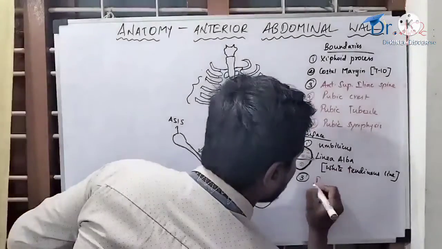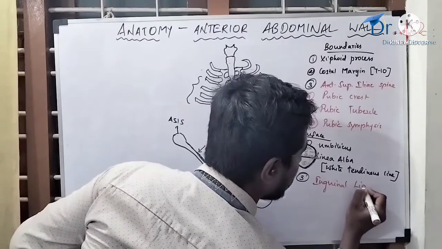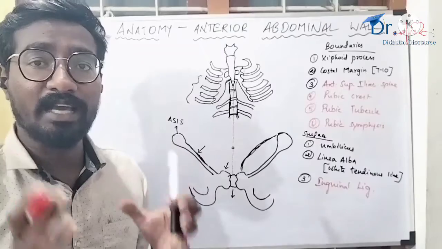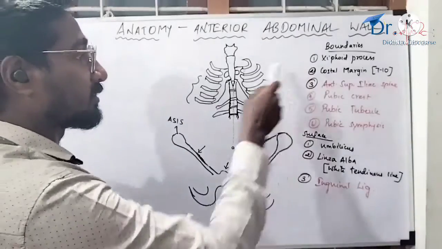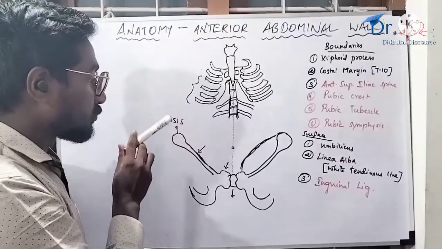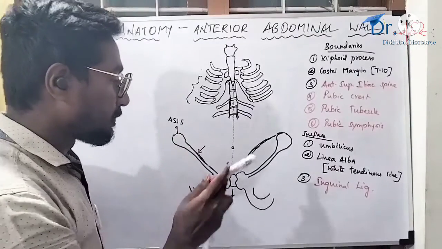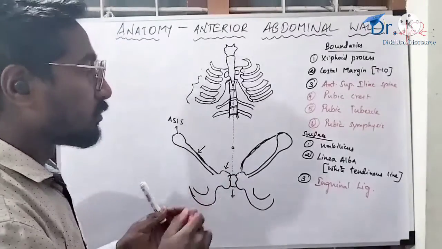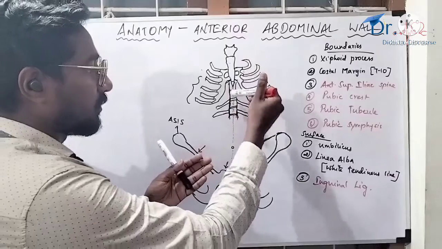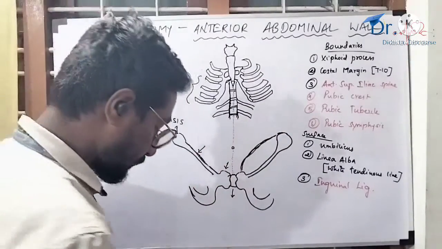So now coming to the boundaries which comprise the anterior abdominal wall, it's going to be the xiphoid process, the costal margin 7 to 10, the anterior superior iliac spine, the pubic crest, the pubic tubercle, the pubic symphysis. The surface is comprised of the linea alba, the umbilicus, and the inguinal ligament.